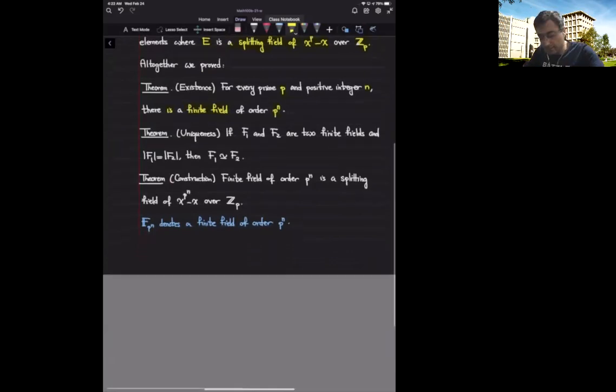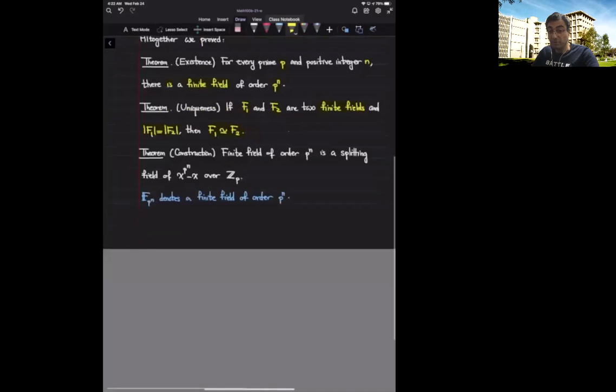We showed uniqueness: if F1 and F2 are two finite fields and they have the same cardinality, then they are isomorphic. And we showed how we can construct it. A finite field of order p to the n is precisely a splitting field of x to the power p to the n minus x over Z_p.